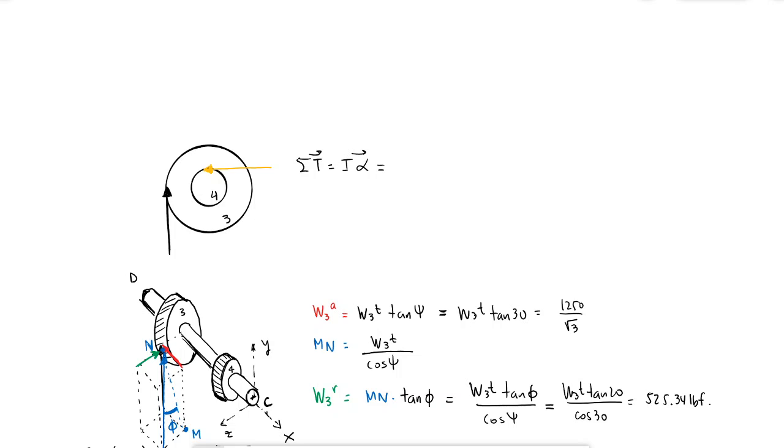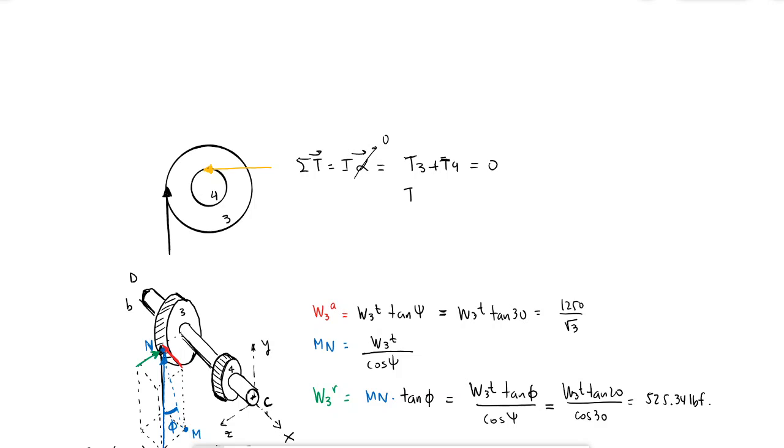On shaft B, which is that shaft that has 3 and 4, the torque of 3 plus the torque of 4 has to be equal to 0. Okay, angular acceleration is 0. The shaft is not moving quicker or slower over time. There's no acceleration, so it means that the torques have to be 0. And then 3 would be negative because it's clockwise, and then 4 would be positive because it's counterclockwise.